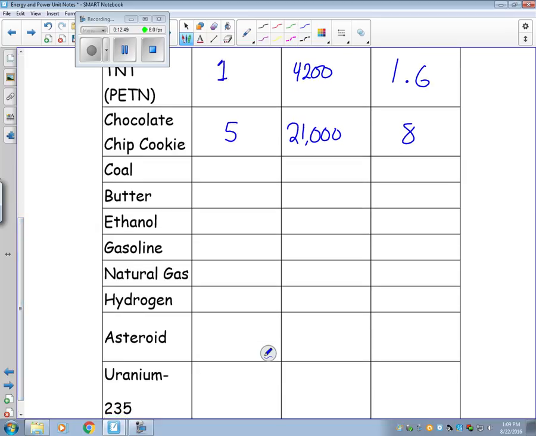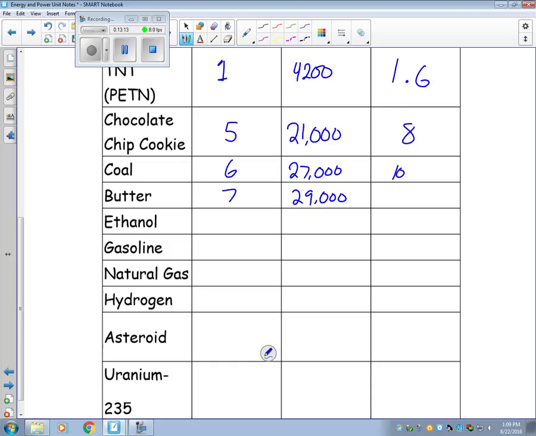Coal has 6 calories, 1 gram of coal, 27,000 joules, and it has 10 times the amount of energy as 1 gram of TNT. Butter, yummy butter. 1 gram of butter has 7 calories, so that's 29,000 joules.